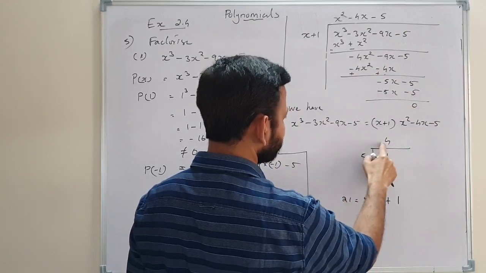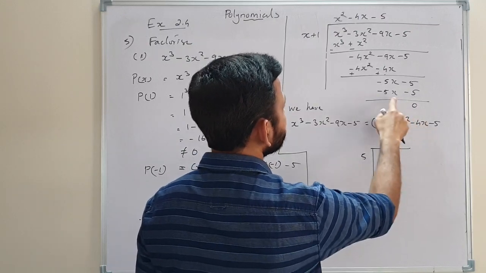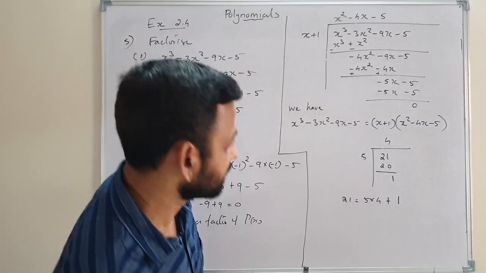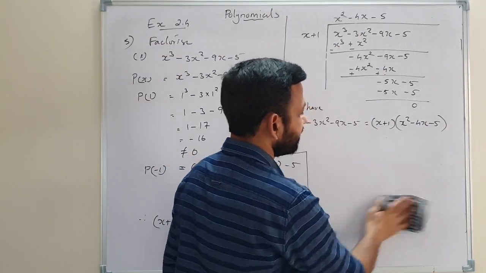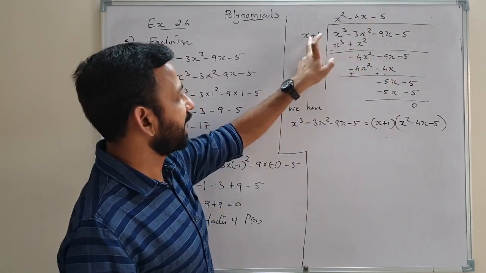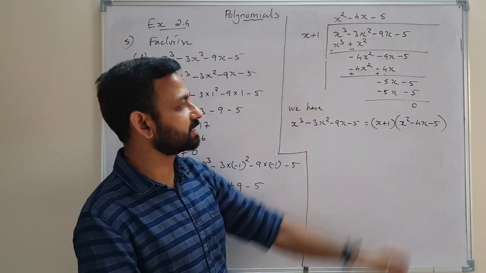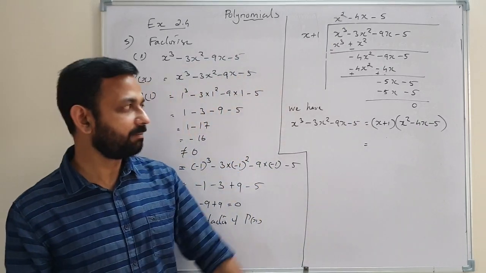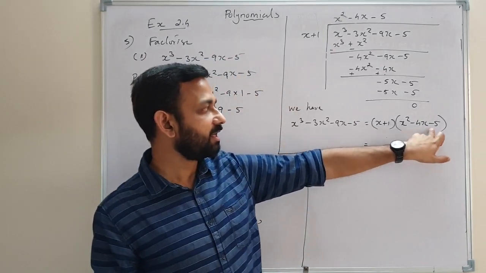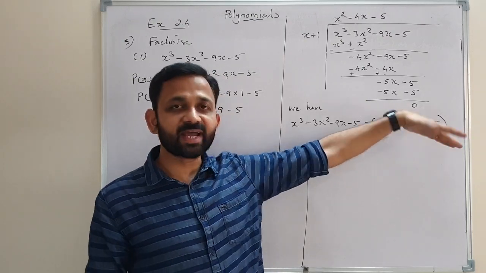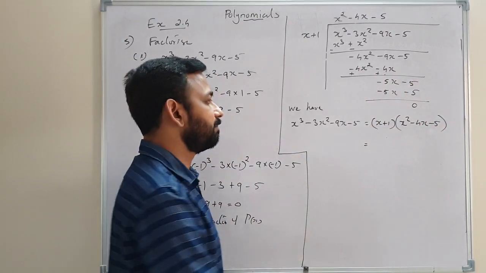Just as 21 equals 5 into 4 plus 1, here the remainder is 0, so no need to write it. So applying the division rule, we can write the given polynomial equal to x plus 1 into x square minus 4x minus 5. But the factorization is not completed, because we got a quadratic polynomial, and that quadratic polynomial can be factorized by splitting the middle term.